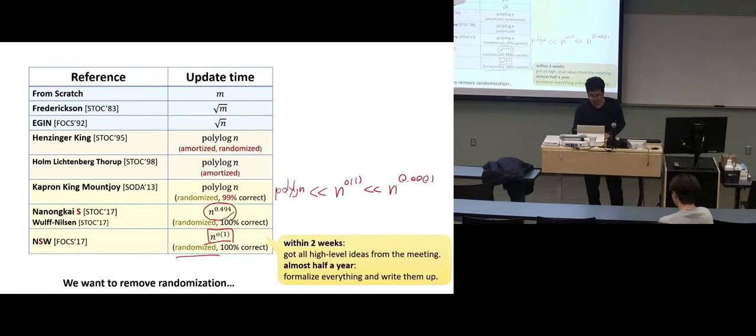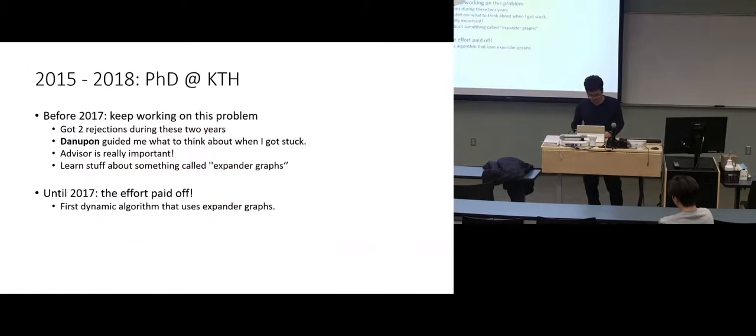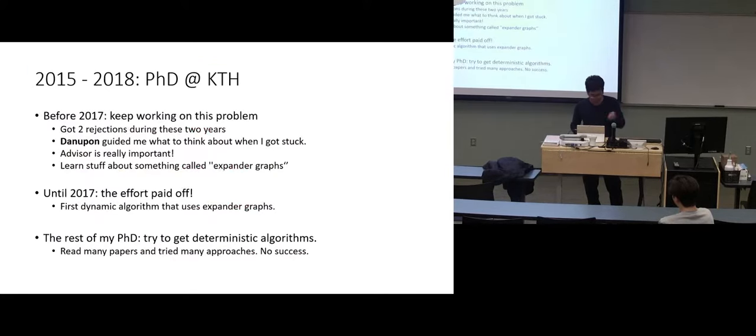I kind of hid what exactly the expression in the little o of 1 is, but it's something that is still bigger than polylog. So not as fast as this one, but still quite fast now. So I tried to remove randomization, but could not do it.